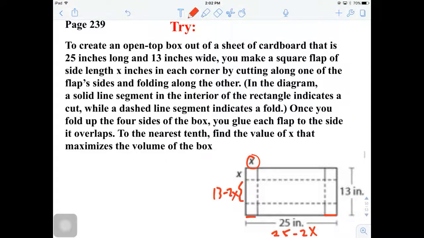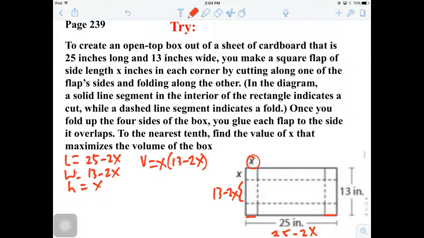So the new length is 25 minus 2x, the new width is 13 minus 2x, and the new height is x. The volume in this case should be x times 13 minus 2x times 25 minus 2x.